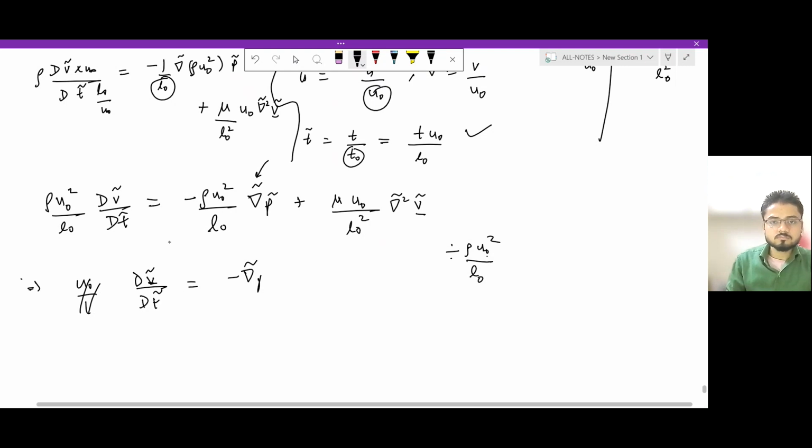Plus we've got mu here, 1 over u naught, and since you're dividing by L naught, here you've got L naught squared. Here you go. And since there is an extra rho right here, it looks something like this.